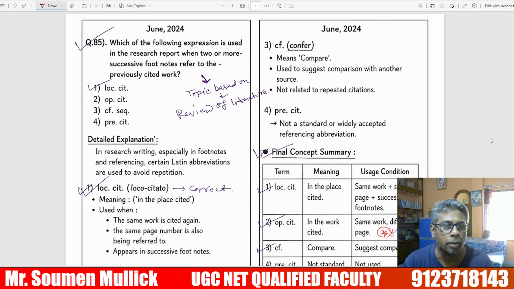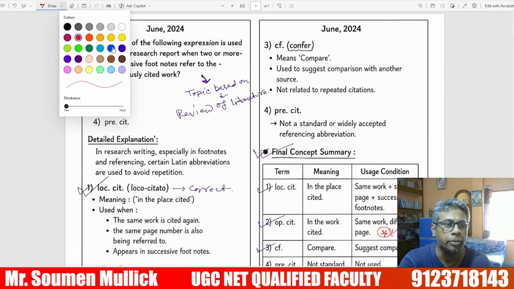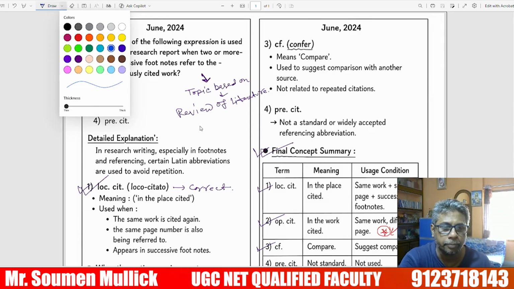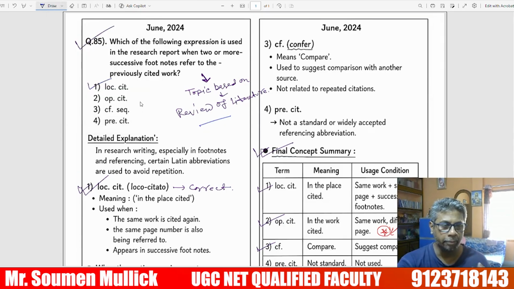Our first question is: which of the following expressions is used in the research report when two or more successive footnotes refer to the previously cited work? This question is based on review of literature, and they have given four options.